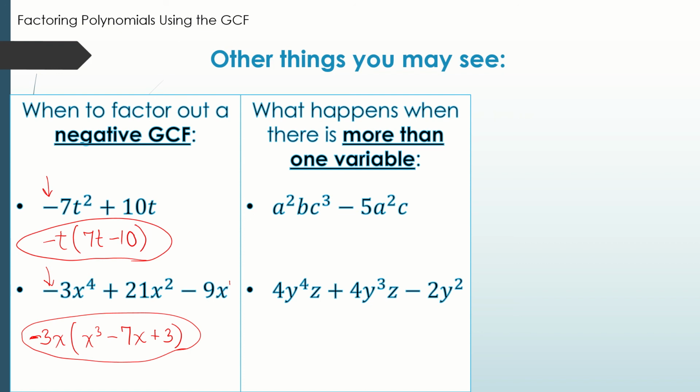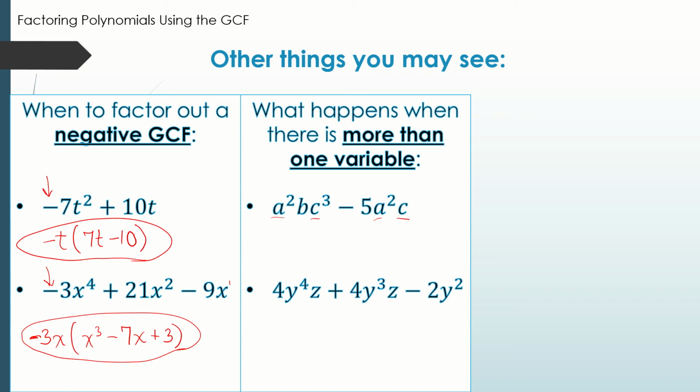Then I look at my variables. I have a and a, so that's in common so far. I'll come back to that. This has a b, but this term does not have a b, so I cannot take out any b's. It is not in all of the terms. This one has a c, and this one has a c, so that's in common.